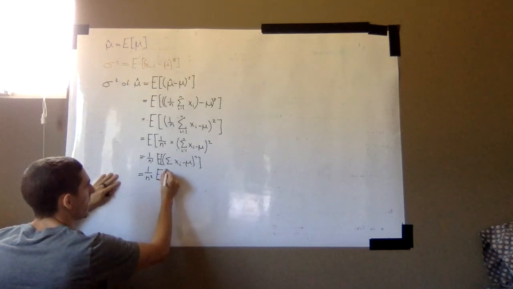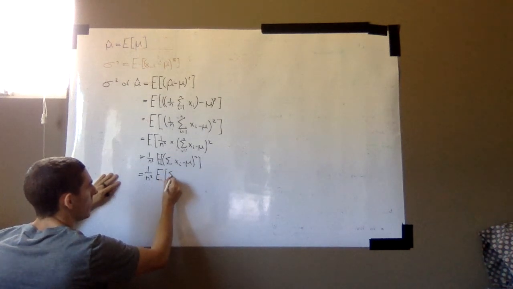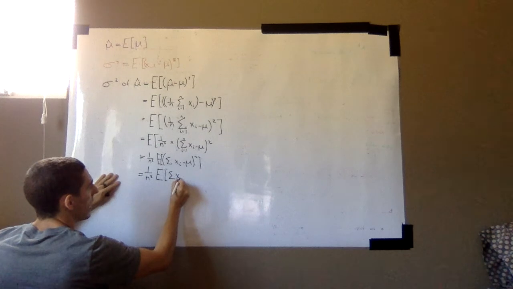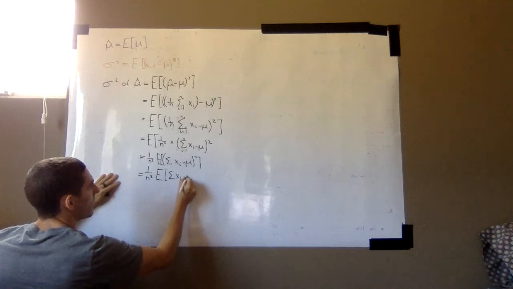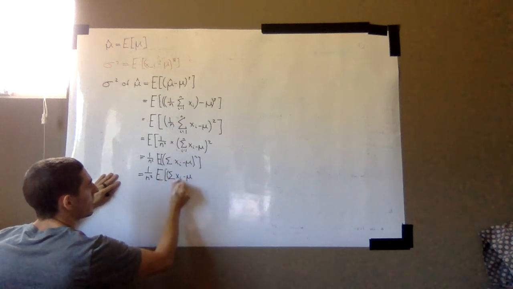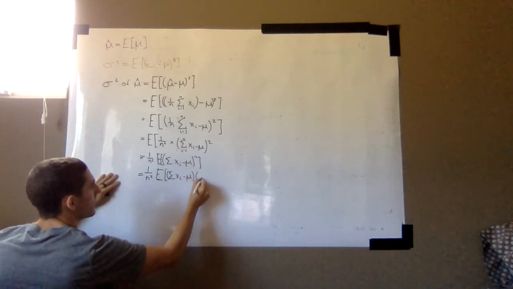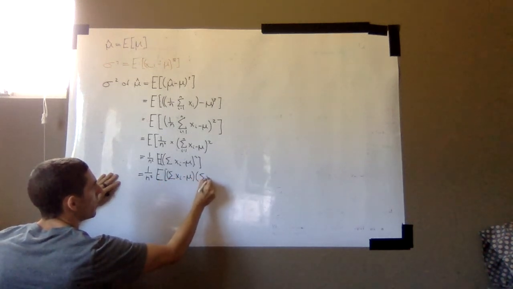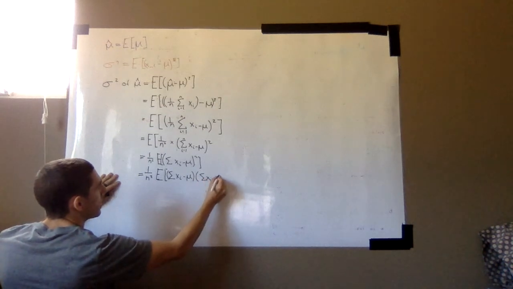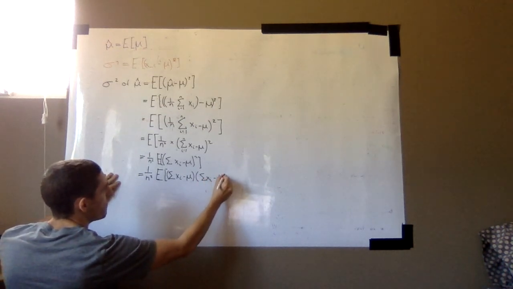So that's equal to the sum of xi minus mu times the sum of xi minus mu.